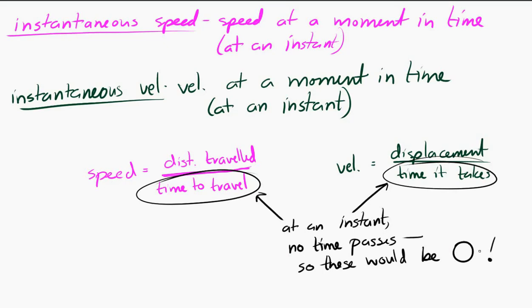So these equations start to break down. That means that for instantaneous speed and instantaneous velocity, we need a new way to do calculations, to figure out what they are. And that is going to bring in a new type of mathematical device called a derivative, and we will look into that a little bit later.